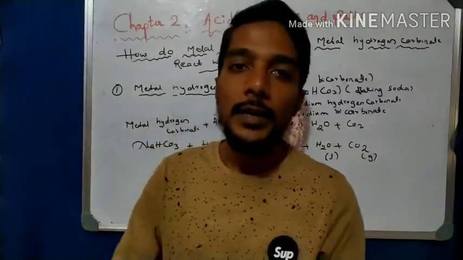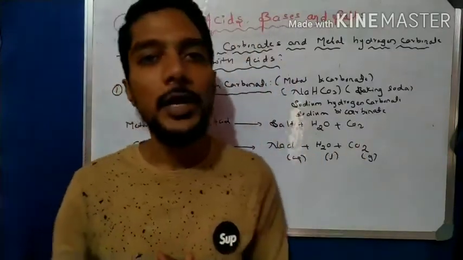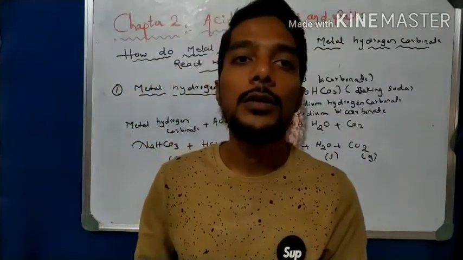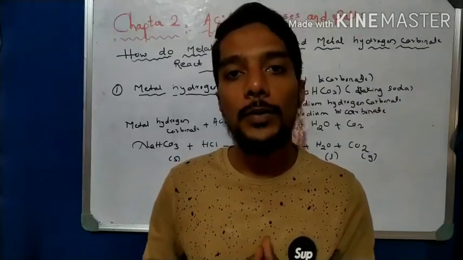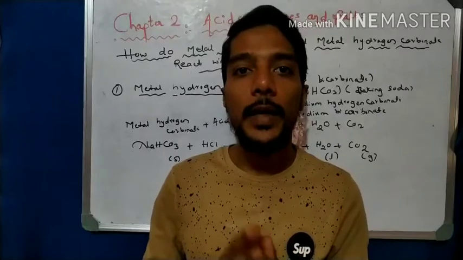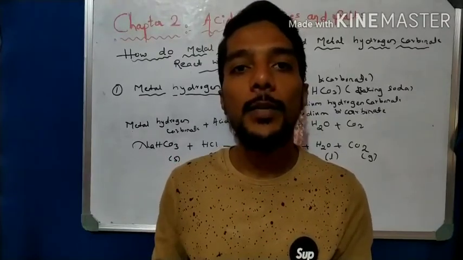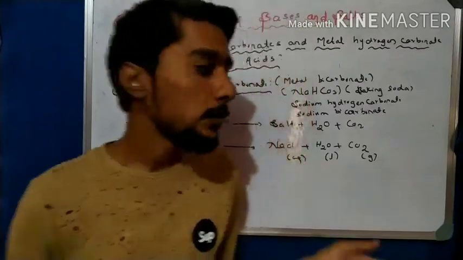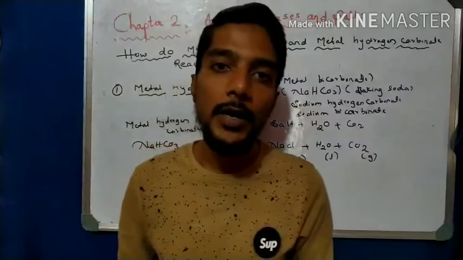If you want to see my experiment on litmus paper, watch the previous videos; in the chemical reaction equation video we did the litmus paper example. But here we did these two experiments on hydrogen gas and carbon dioxide gas.